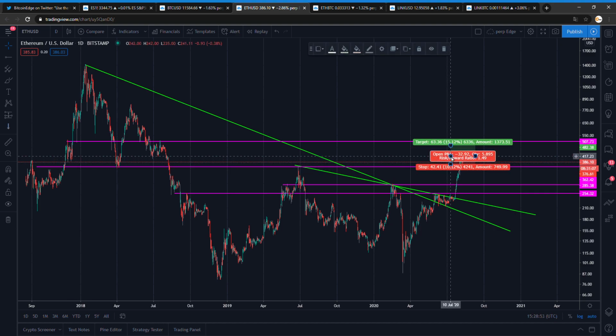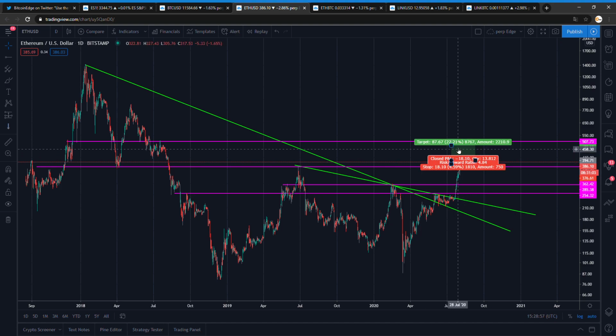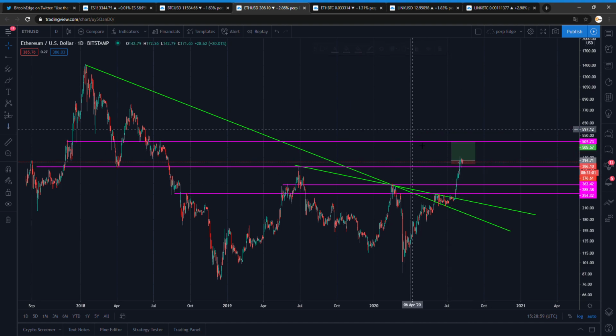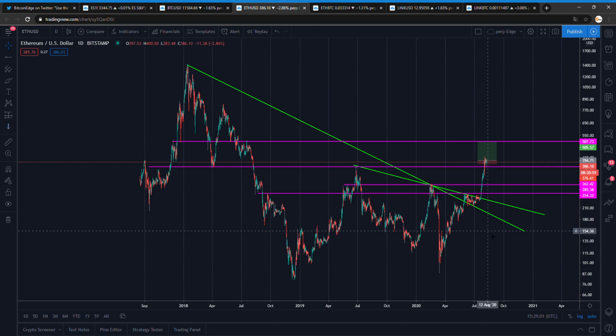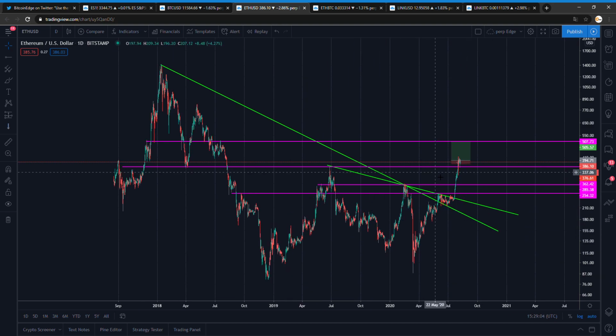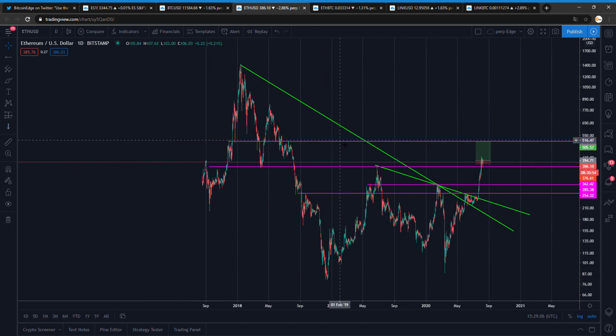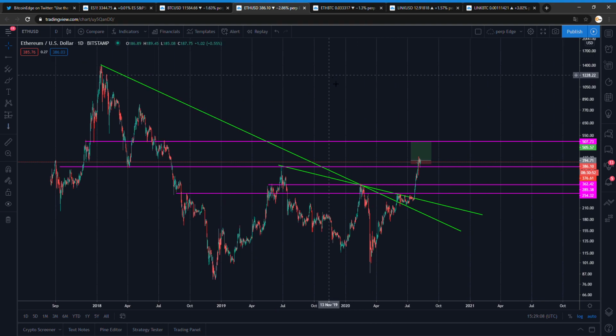So let's take it a little bit lower. It's still a good buying opportunity, and I would take profit at $500, and that's a really good risk to reward. Below 360 you will put your stop, and yeah, that's the trade setup for Ethereum.